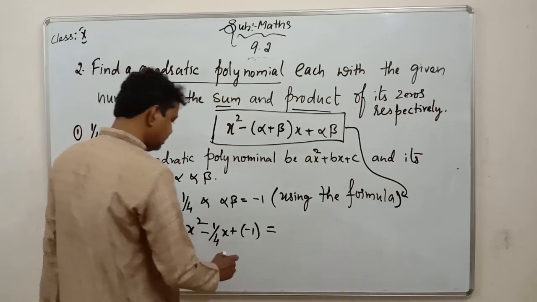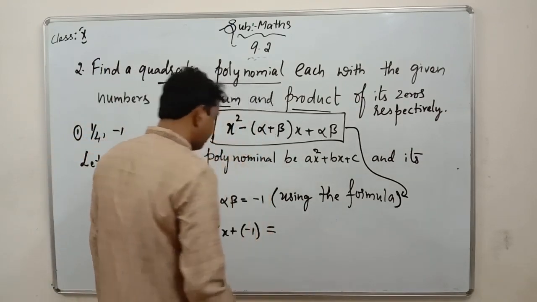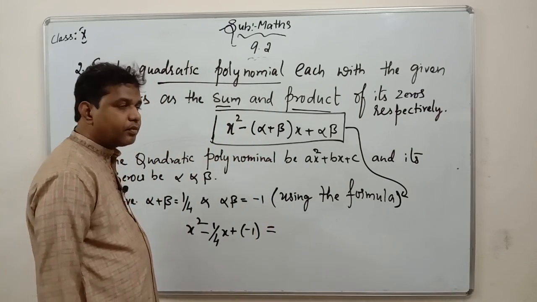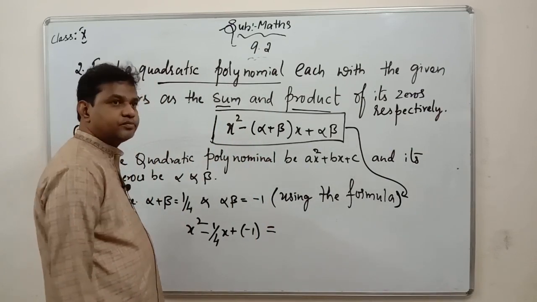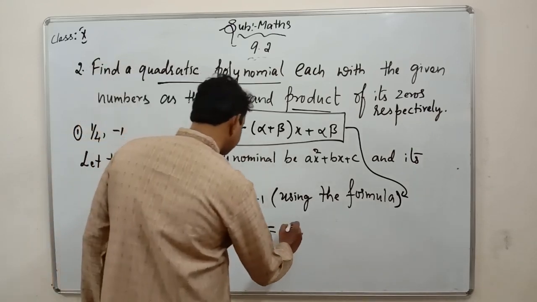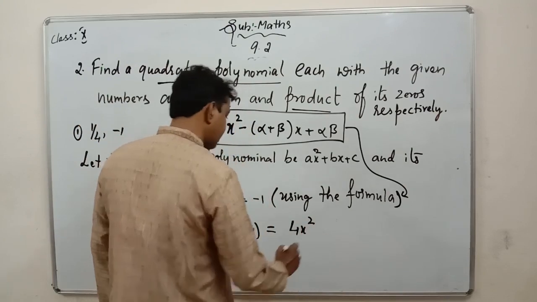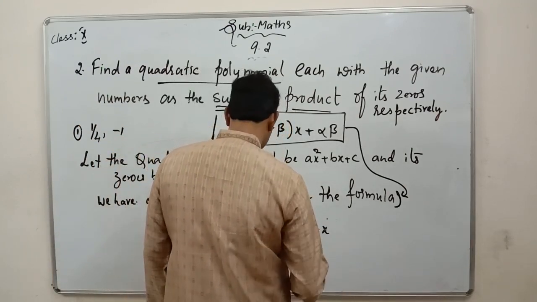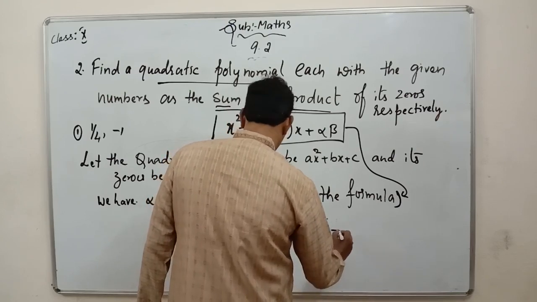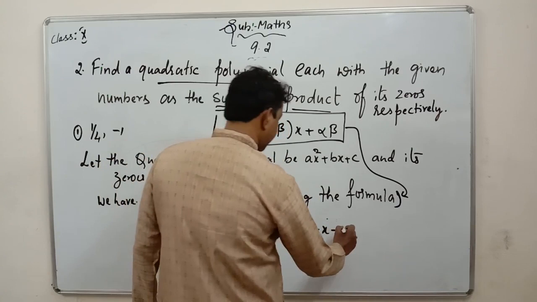So this, if you take LCM, what will you get, the LCM? How much the LCM will be? You get 4, multiply with 4, that's all. If you multiply with 4, what will you get here? 4x square minus x, and minus into plus, minus, we get minus 4.